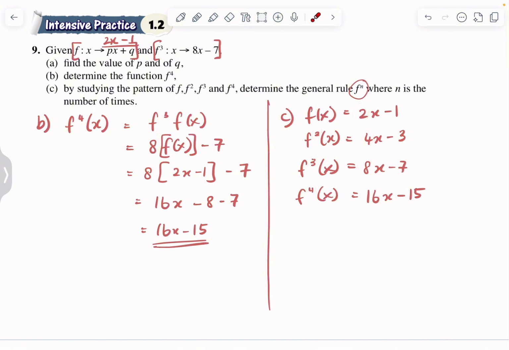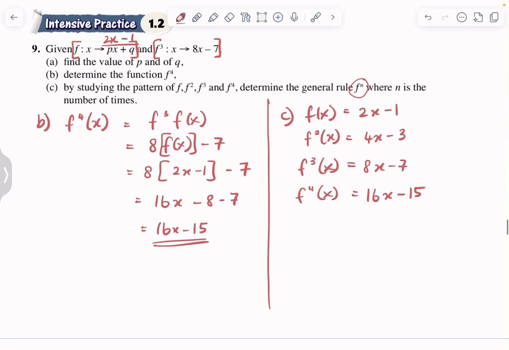Okay, so this looks like 2 power 1, 2 power 2, 2 power 3, and 2 power 4. So f^n would be 2 to the power of n. Because when it was f1, we got 2 power 1. When it is f2, we got 2 power 2. f cube, 2 power 3. f4, 2 power 4. So f^n, 2 power n.